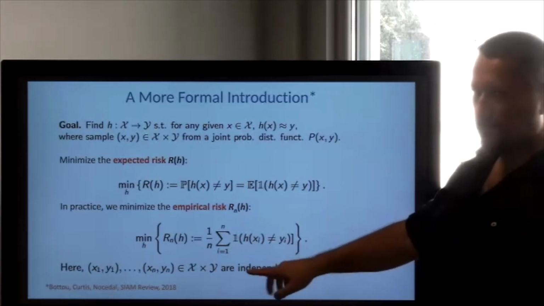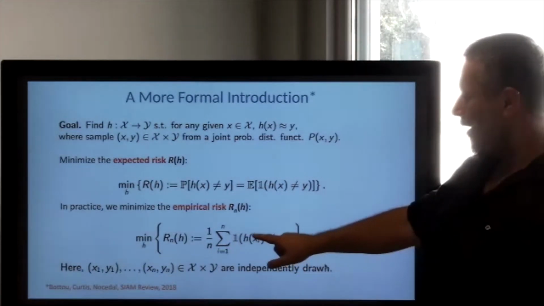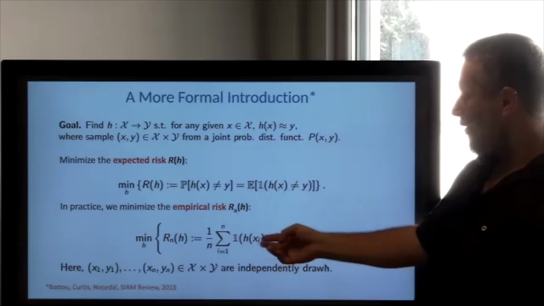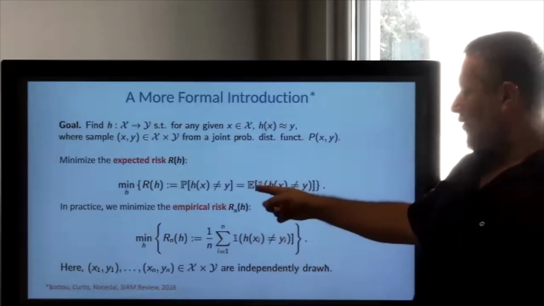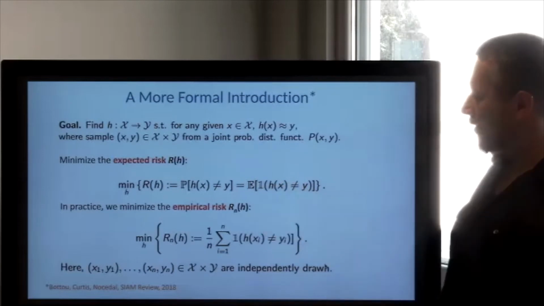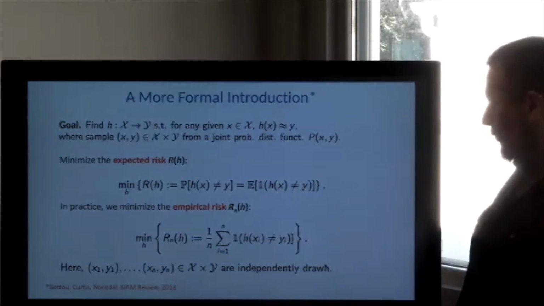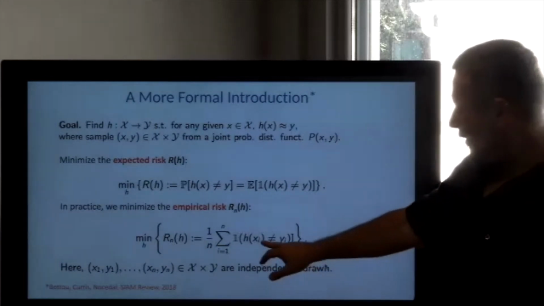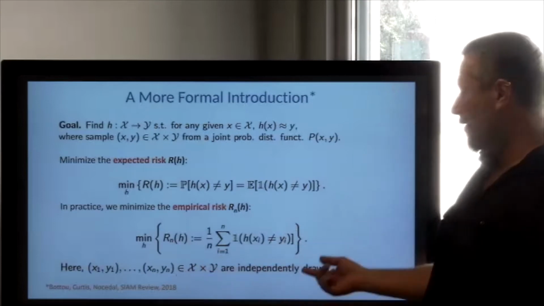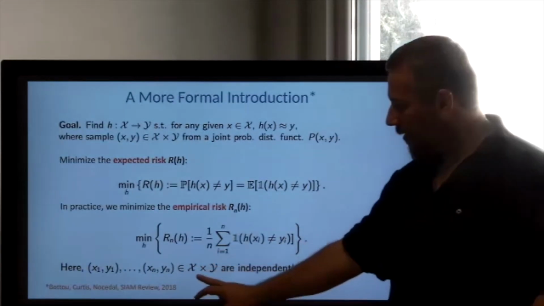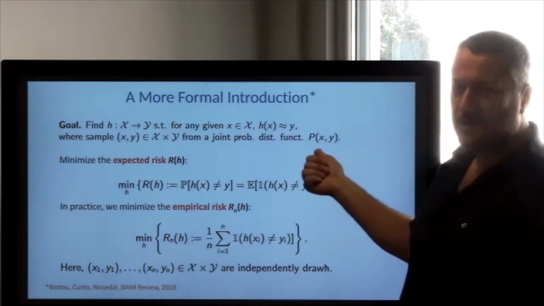We will learn how to solve this finite sum problem, and hopefully it will give a minima which is close to the minimum of the expected risk. And when I say xi, yi, these are n points that are independently drawn from this input times output space with respect to this distribution.